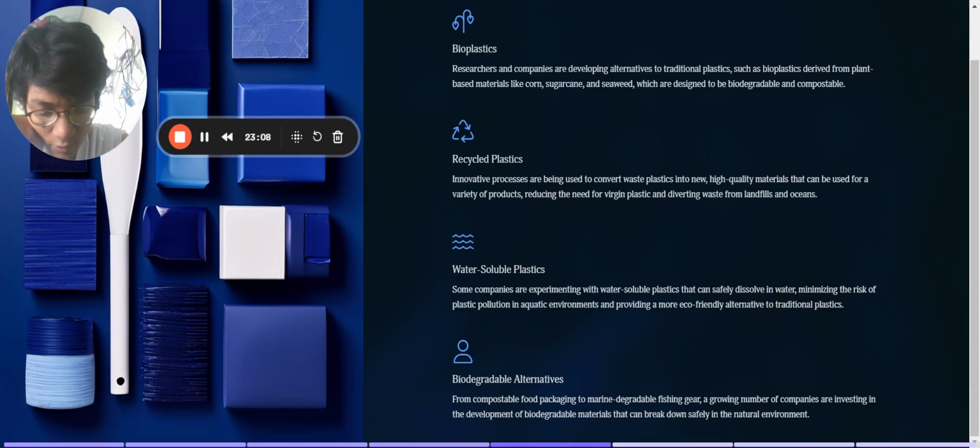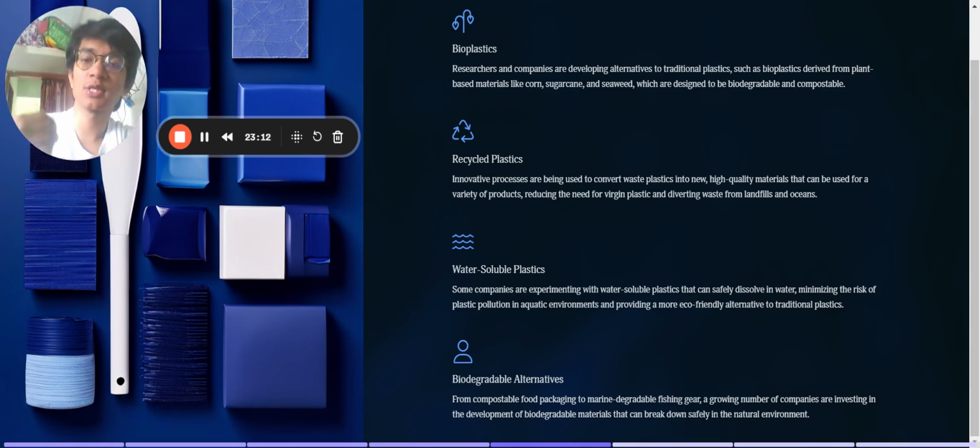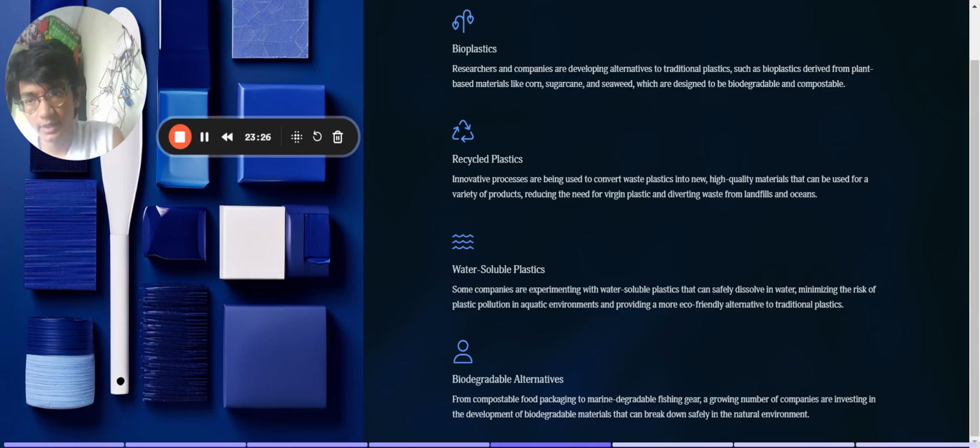See, one of the major solutions that I personally believe in is reduce, reuse, and recycle. Reduce we cannot really do, it's in demand. We can reuse it.